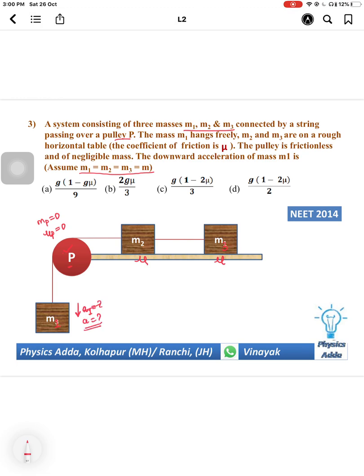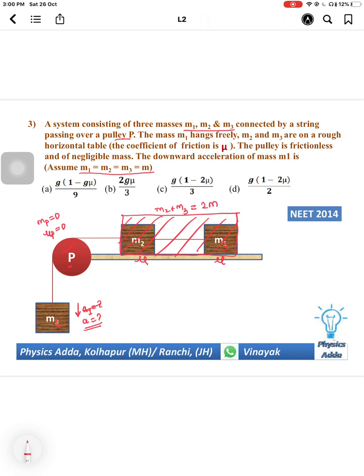Okay, so you can see we are having three masses. If I consider this as a system, this as a single mass, so it will be what? M2 plus M3 is equal to 2m.